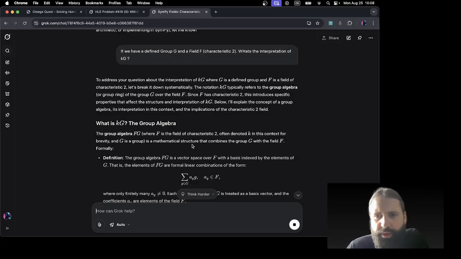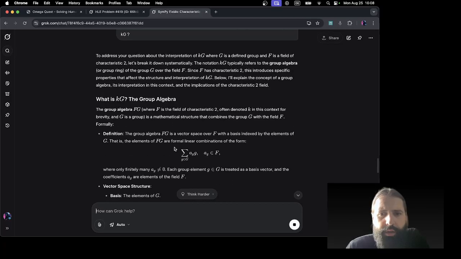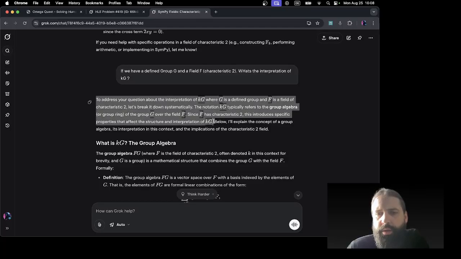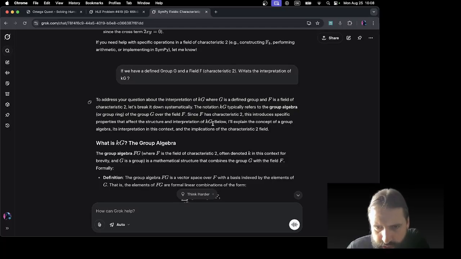It combines the group G with the field F. Essentially what takes precedence seems to be the group, right? Because it's basically adding addition to the group. Below, I'll explain the concept of group algebra.